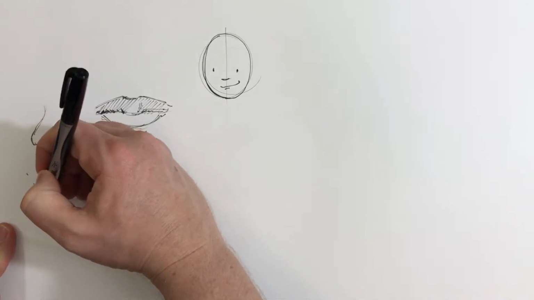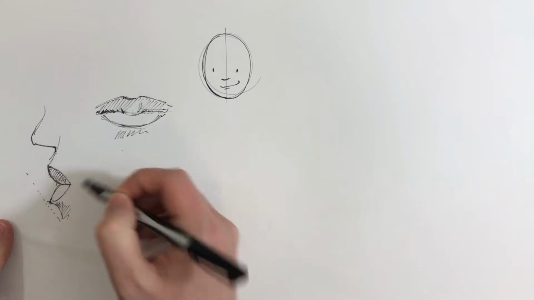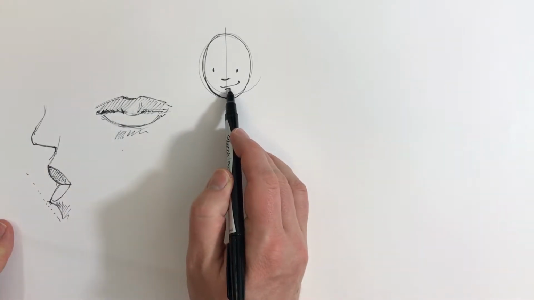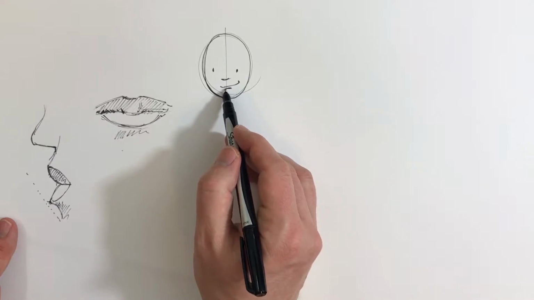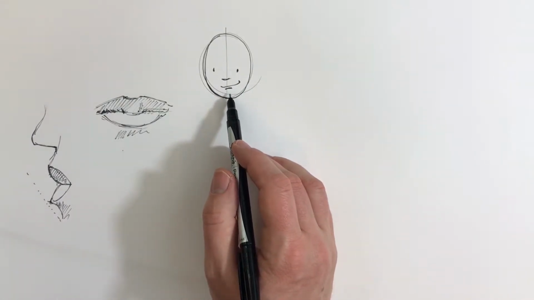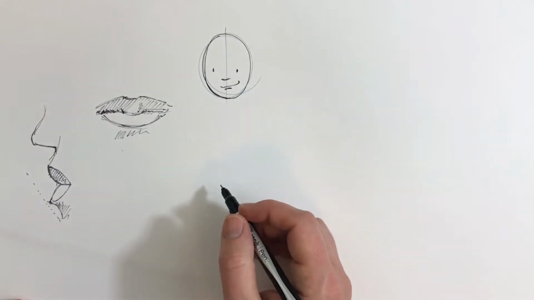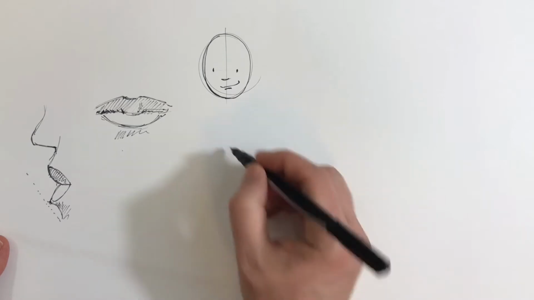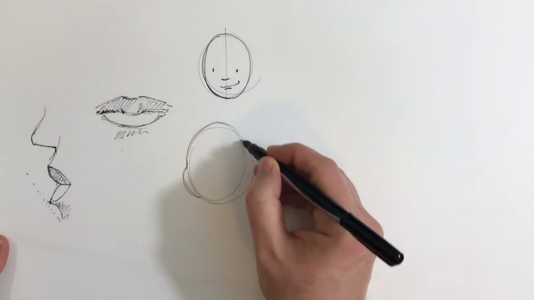I think we went over this in the lip drawing video, where this falls into shadow, and that's what that little line represents or calls attention to. It focuses just enough on making a little chin mark, especially when you smile or when you're doing kind of a goofy thing with your mouth. It adds just a little bit more personality. So let's go ahead and open up his mouth and see what we get.